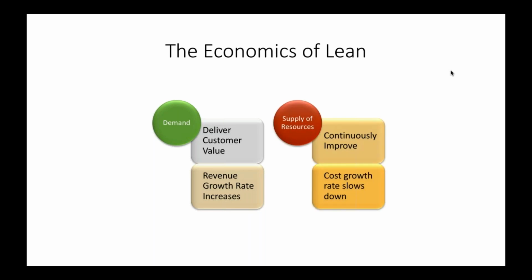On the supply side, this concept of continuously improving focuses on improving the productivity of the resources who are delivering and creating the value. What that does is manage your cost growth. And over time, your rate of cost growth goes down.